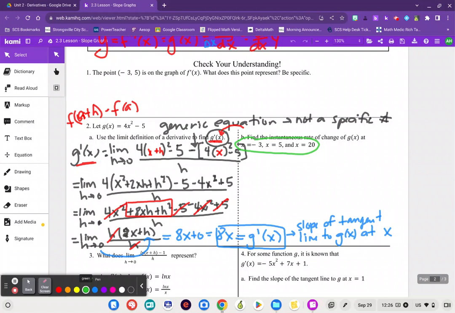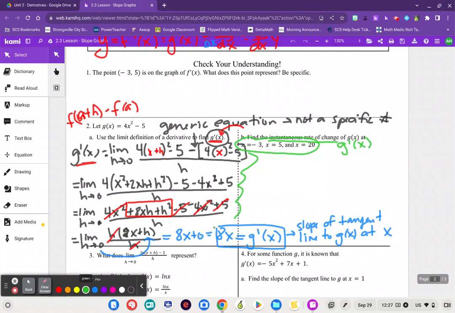So either I get to run through this business 3 times for these 3 different x values, or I torture myself only 1 time by finding a generic function for the derivative, or slope of the tangent line, and then I can use this generic function for my slope of my tangent line or my instantaneous rate of change, right? Instantaneous rate of change means g prime of x.